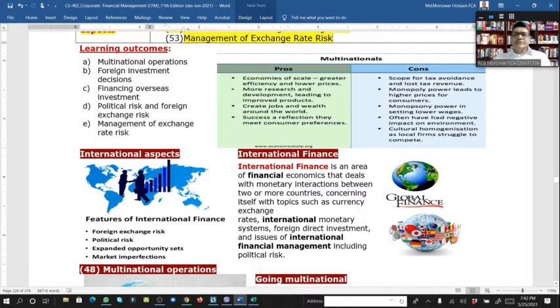So if we see here why companies go for multinational, it helps with economies of scale, that is greater efficiency but lower price.